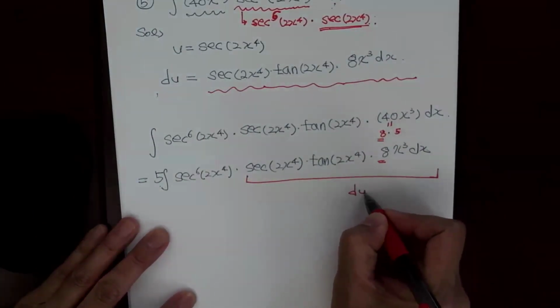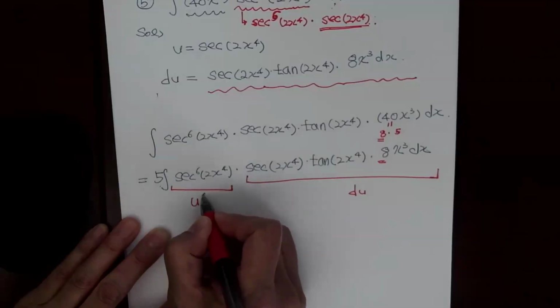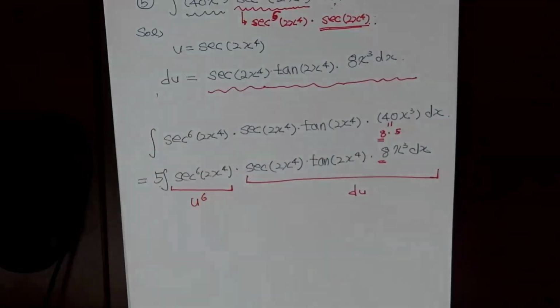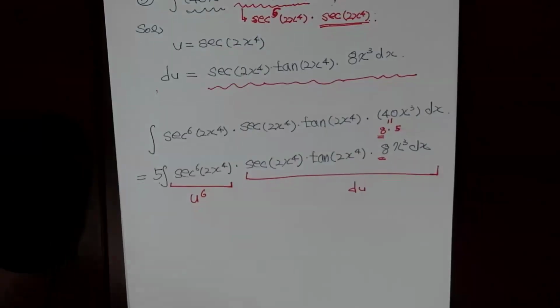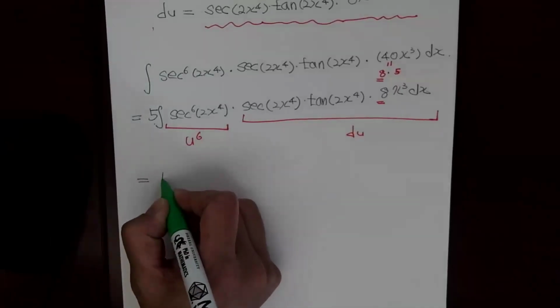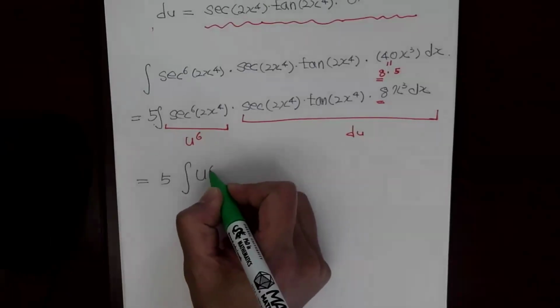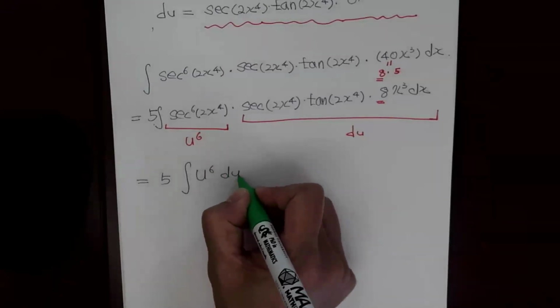This one is du. And what is this? This one is u to the sixth power. So by using substitution, that could be converted into the power functions integration. So that is 5 times integration u to the sixth power du.